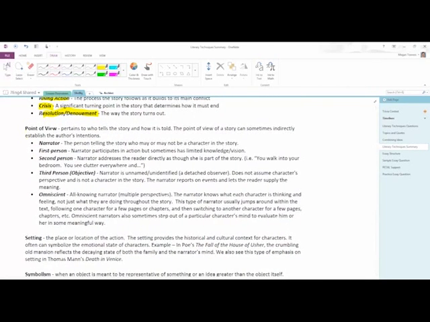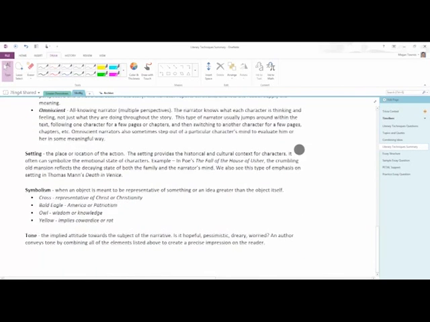Then you also have the point of view from which the novel is written. You can use that as an example of a technique that an author uses in their story to help build meaning. We also have the setting. Now, it's not necessary to provide absolutely every setting in the novel as a technique. It's simply just that sometimes an author will use a setting perhaps as a metaphor for something else that is happening in the novel.